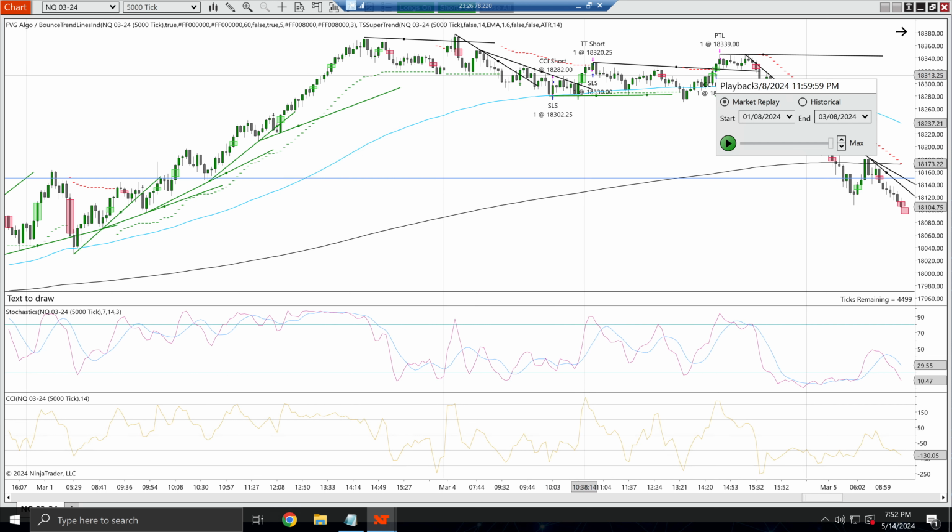This was a TT short trade. See, it touched this dotted line, and what I find oftentimes is this is what you get. It comes just a little bit higher and then goes in your direction.